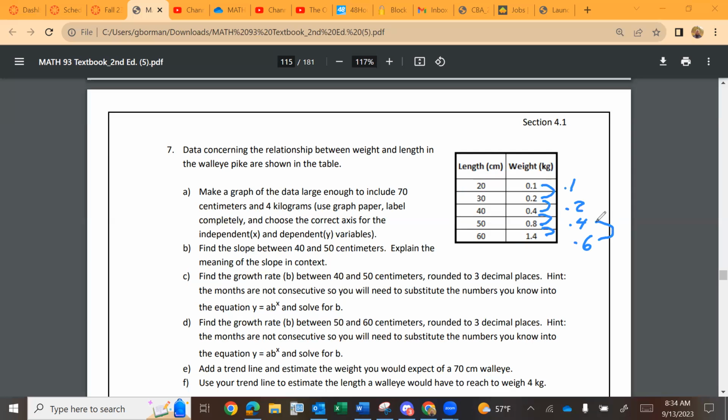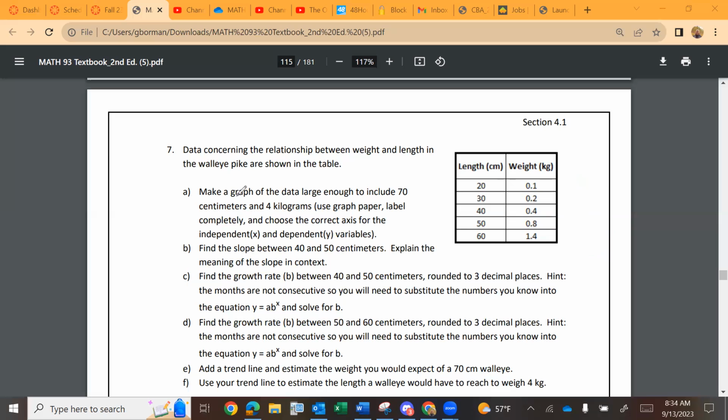Not quite, 0.6 is not double 0.4, but it's close. And so if you can multiply your y values by approximately the same number each time to get the next one, then that means you have an exponential situation.